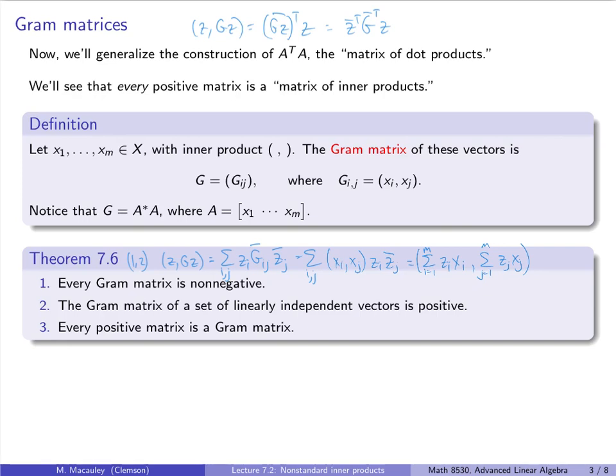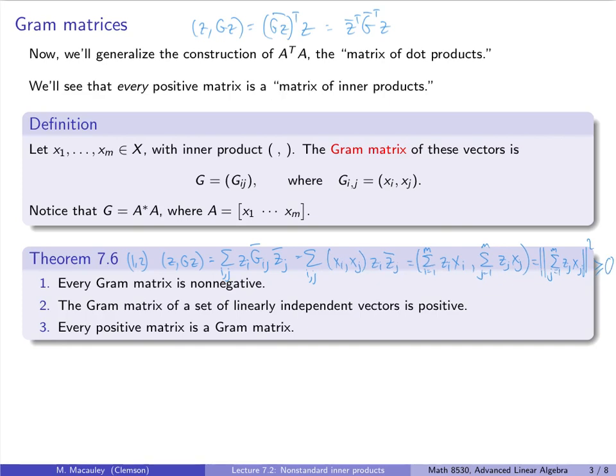And this, notice, is the norm squared of this vector, the sum from j equals 1 up to m of zj xj. And that is automatically going to be non-negative.